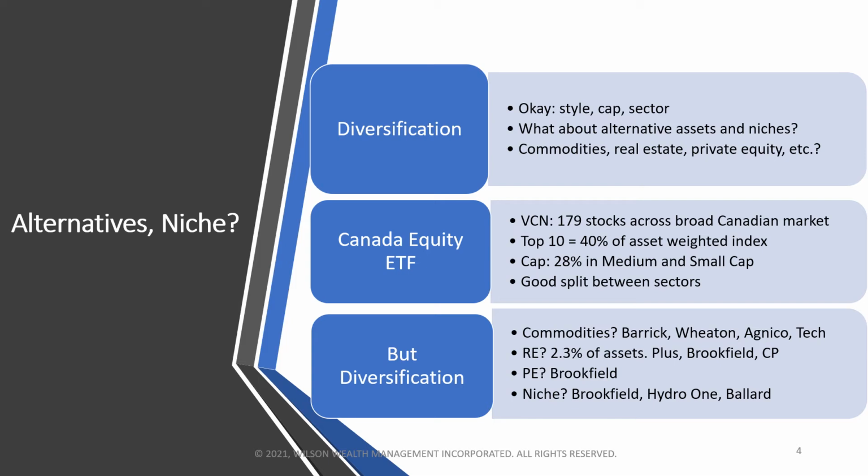Okay, we're also talking about diversification and asset correlation and all that. So what about adding alternative asset classes? That often gives us good diversification benefits because they have a low to negative correlation at times to standard large cap equities. What about real estate?